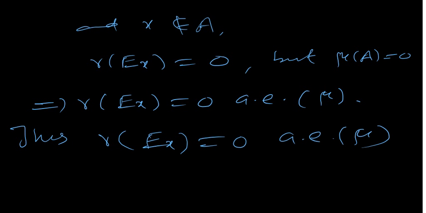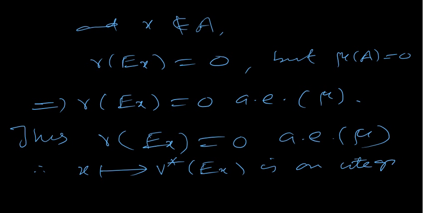Okay, this is equal to 0. So therefore, because it's a 0 function, the function which maps x onto nu star of Ex is an integrable function, and its integral is equal to 0 because it is 0 almost everywhere.